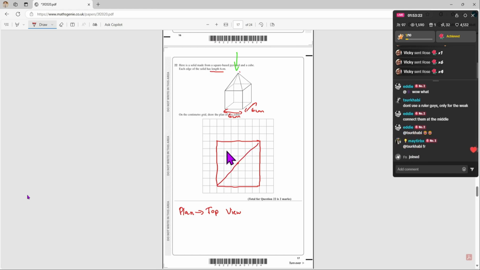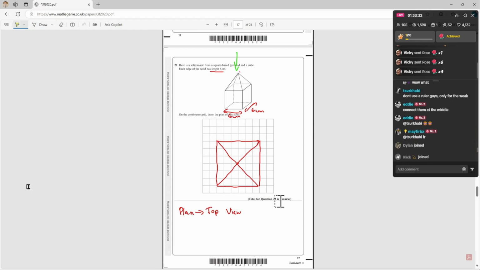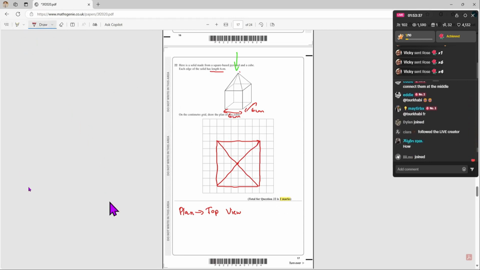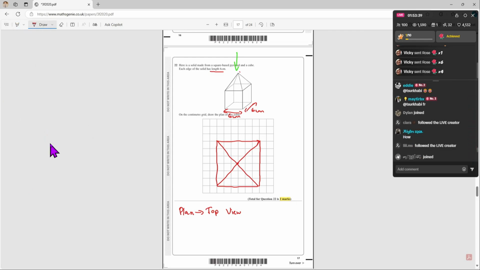And that will literally be your plan. That will be your easy 2 marks achieved. That is how easy it was.